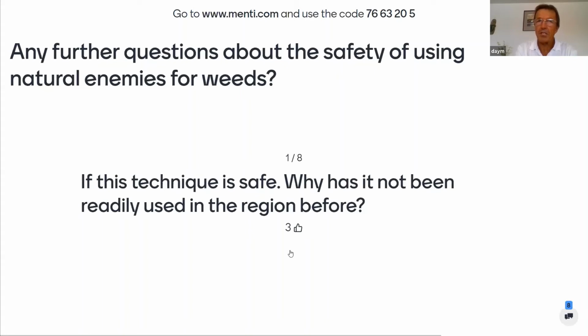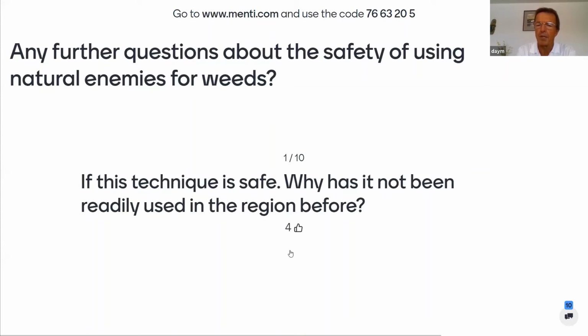And so 17 countries out of the 22 PICTs have deliberately introduced a weed natural enemy to control a target weed. So that's almost all of them, except for 5. I think the problem is that many countries haven't released a natural enemy against a weed for 10 or 20 years, and so it's forgotten about. They've forgotten that it ever occurred. And this comes up in workshops from time to time. But 17 countries in the Pacific have already introduced agents.